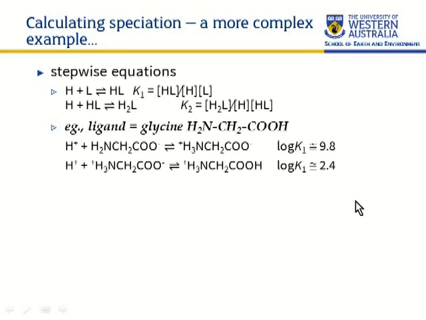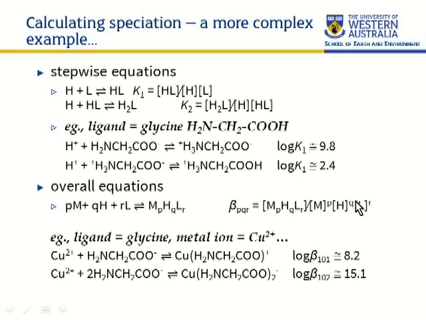Okay, I'm going to flick through this. If you want to read through this, I'll just leave it on the screen for a while. I'll put a PDF as well on LMS, basically going through the same type of procedure as we did for carbonate. We're just having a slightly more complex example. That's a slight play on words because we're looking at formation of a copper glycine complex with the amphoteric ligand glycine.